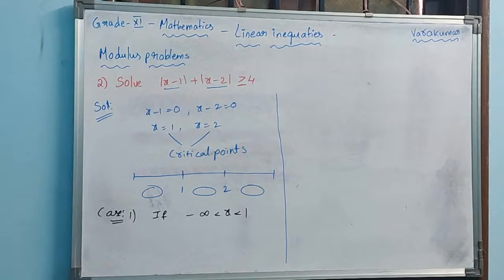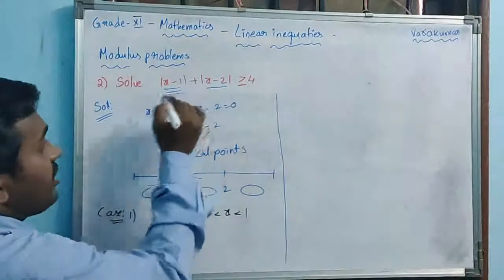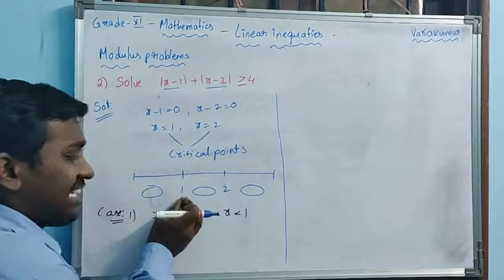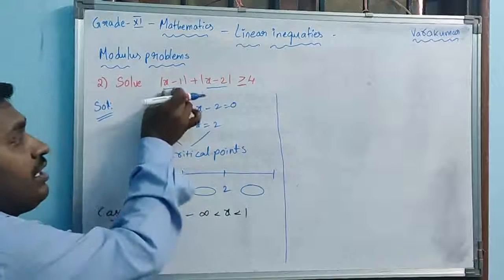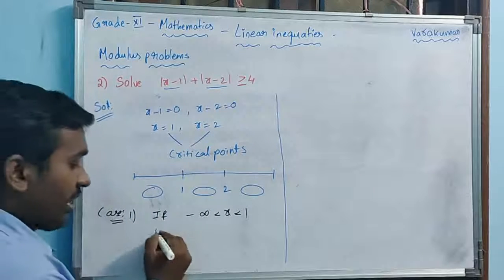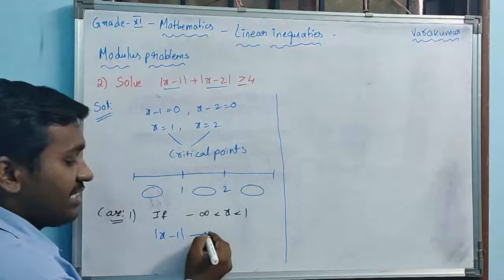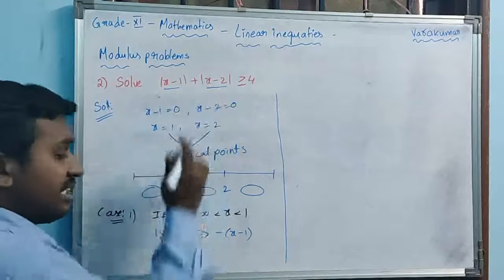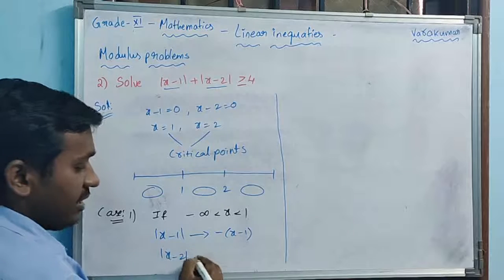So if it is less than 1, consider |x - 1| and |x - 2|. Suppose one example, you take 0, below 1. Forget about modulus, 0 - 1 is negative. So |x - 1| is going to be negative, similarly |x - 2| also is negative.